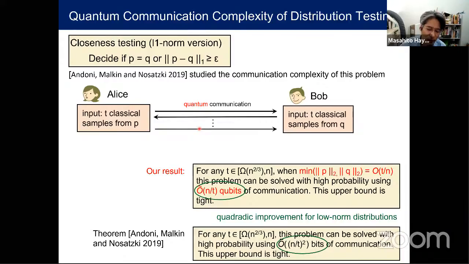They increase the number of copies somehow, and their setting is not symmetric. They consider two hypotheses where the first error probability and second error probability are not equally treated, similar to Stein's lemma. And also they consider that the communication rate is zero rate.